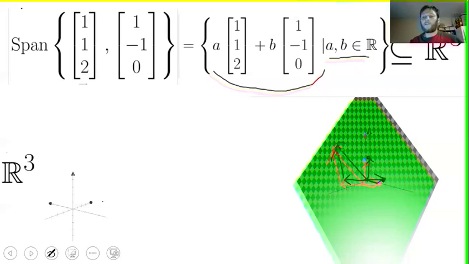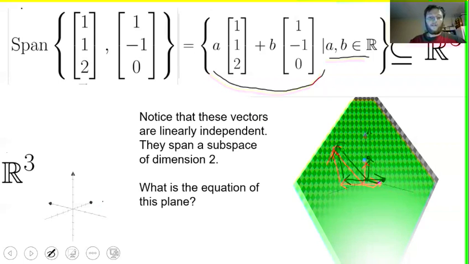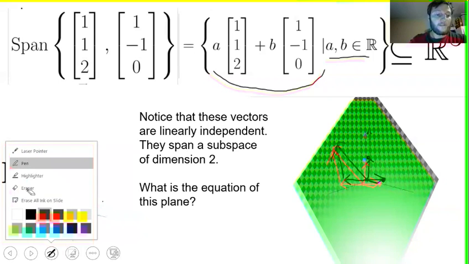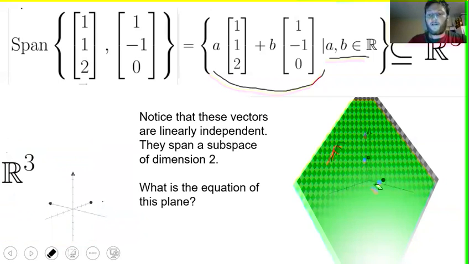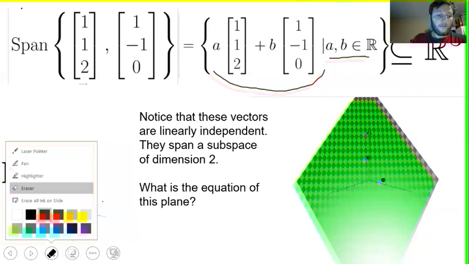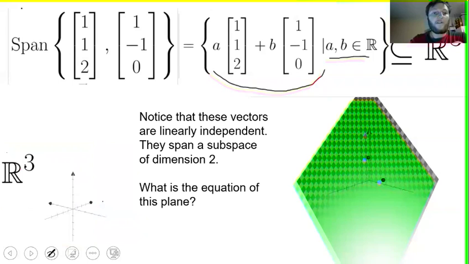We can write a linear combination of these vectors to get to any vector on that plane. We can also notice that these vectors are linearly independent because they're not scalar multiples of one another, right? There's no number that you can multiply this by to get this. So they're linearly independent.